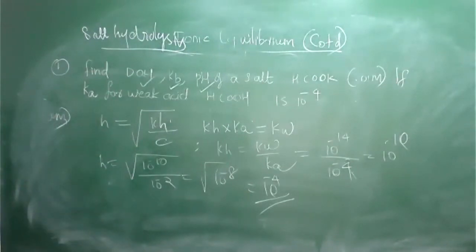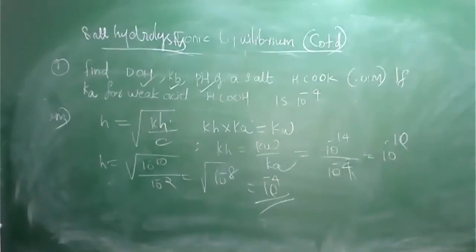Sejal, you got 10 to the power minus 12. Why? You may have missed your sign. 10 to the power minus 2. Answer is 10 to the power minus 10. Typing mistake, okay, no problem.